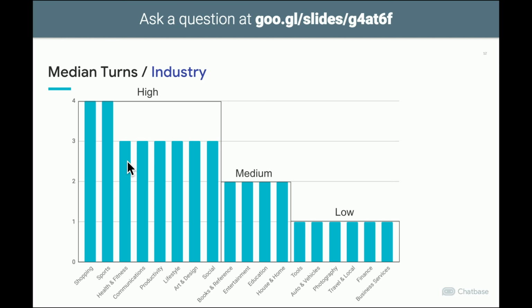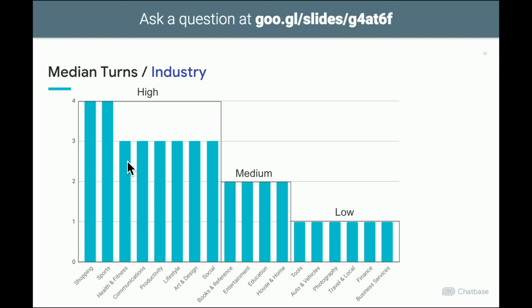That's the median number over the 2 minutes. And so I imagine that maybe if it's a fitness one, you might be processing and trying out a workout and then coming back to the bot. It's a more asynchronous experience, so it's more stretched out, these turns.